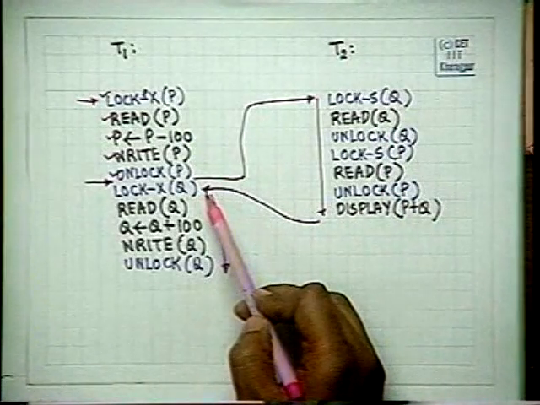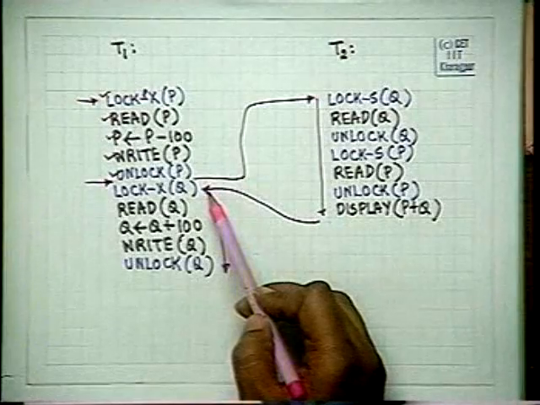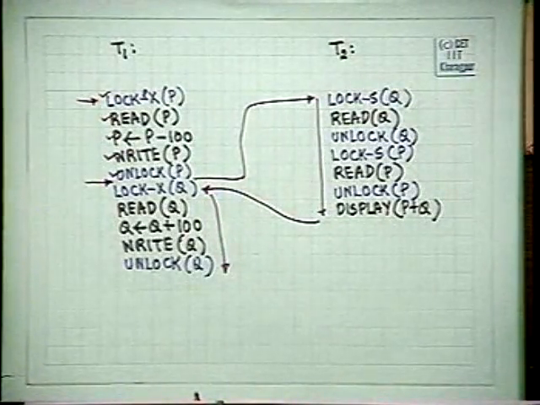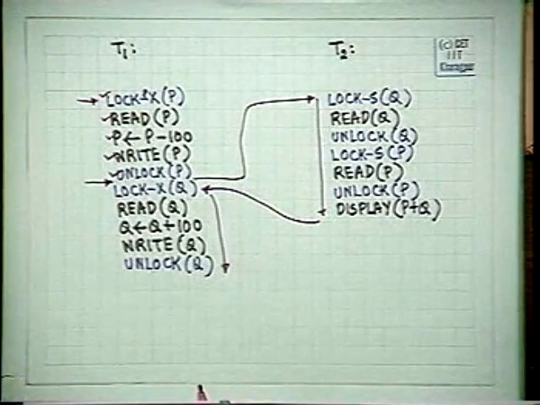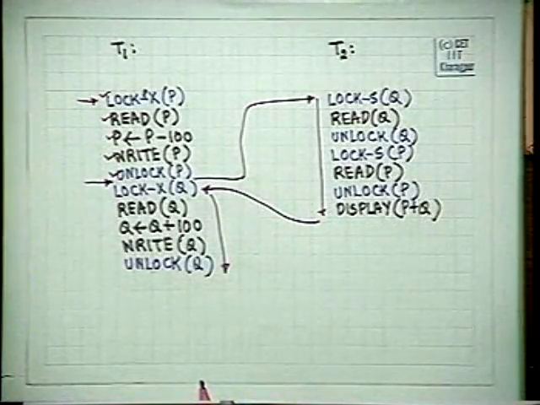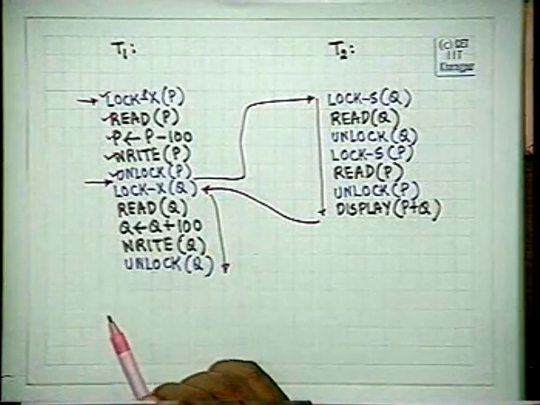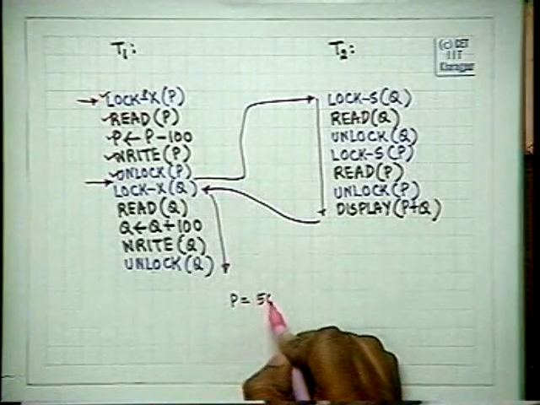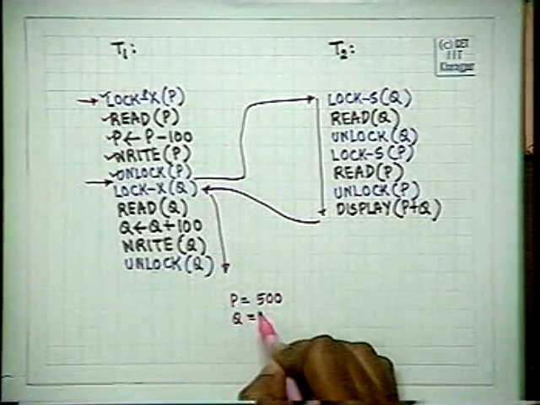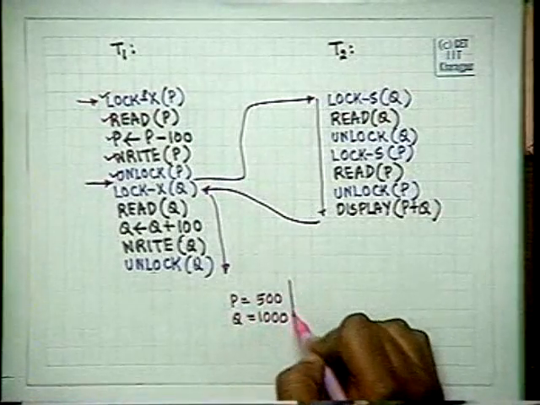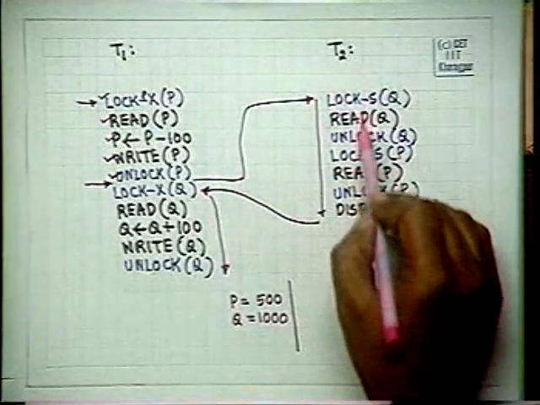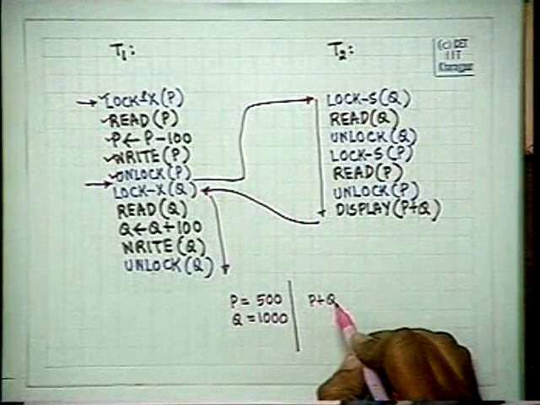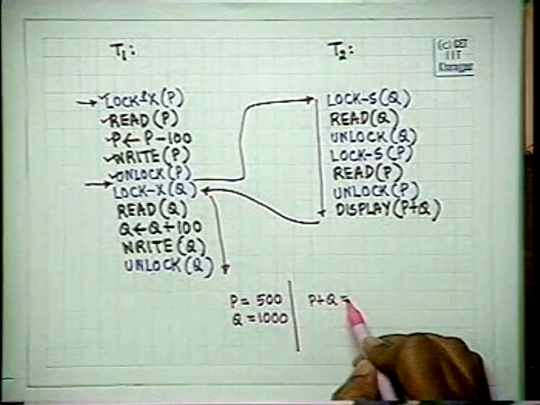And then, since this transaction is over, transfer of control comes here and this does this. Now, what can happen? What can happen is that initially P is say 500 and Q is say 1000. Then when this is displayed, what will be displayed as P plus Q? 1400.